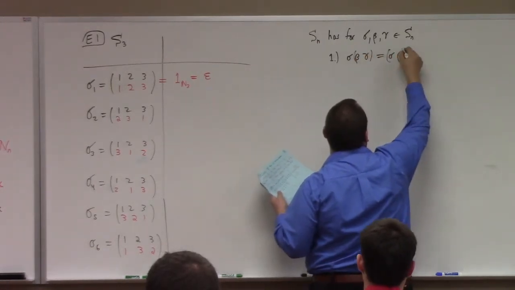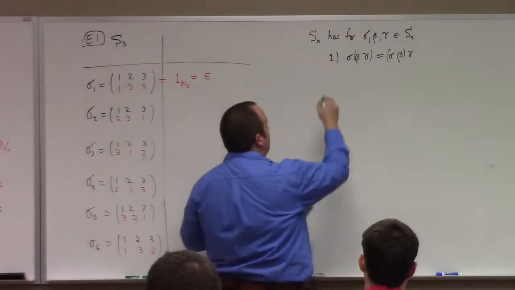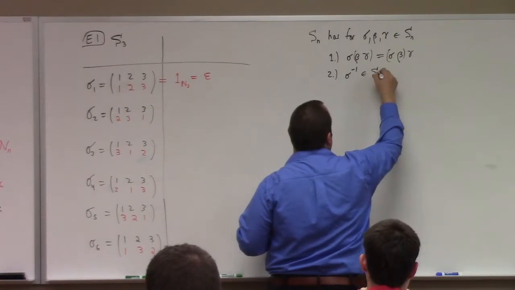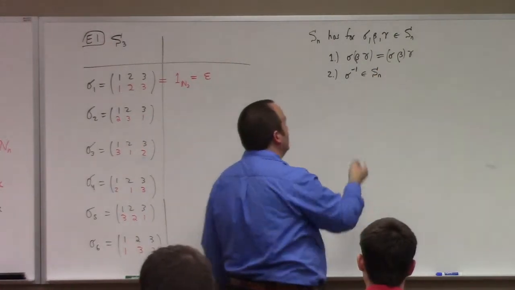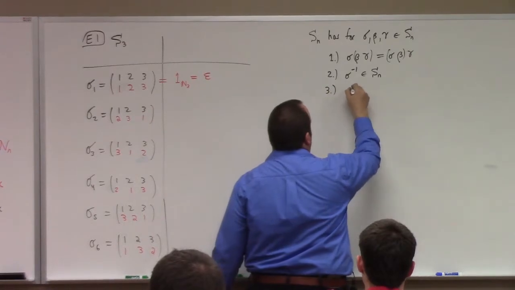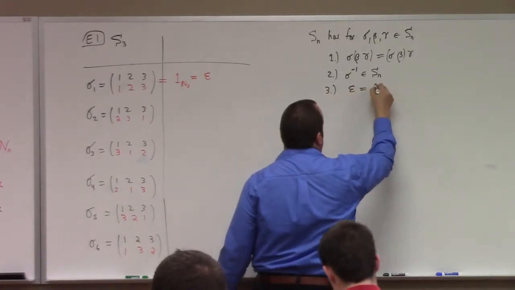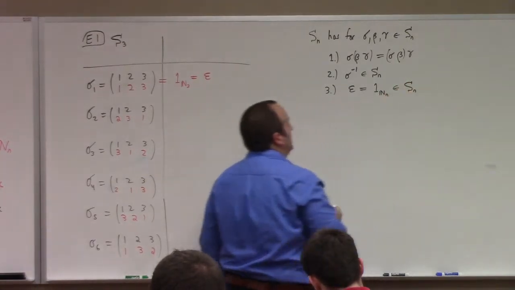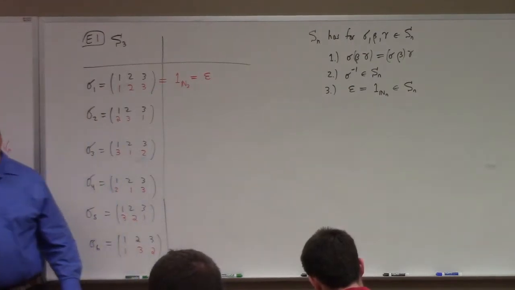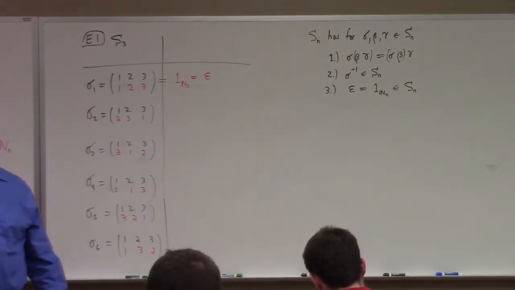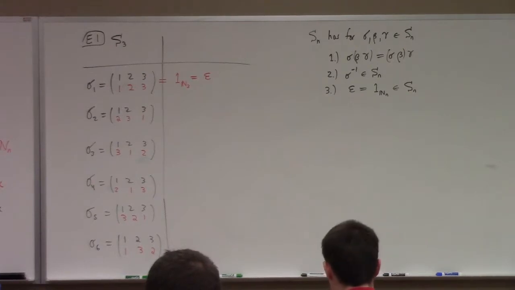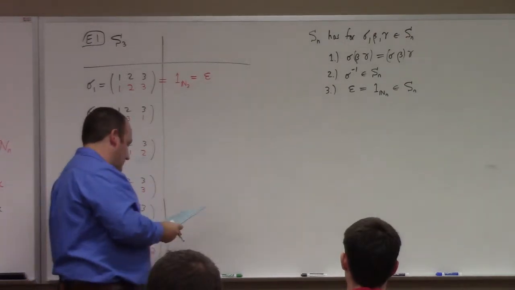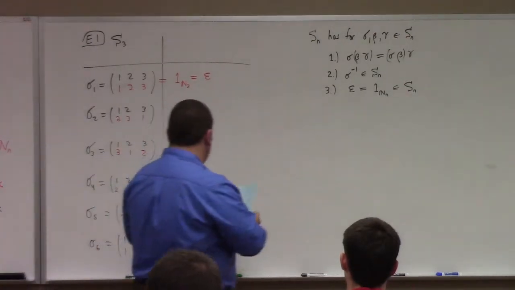Here I'm talking about associativity of composition, right? 2, sigma inverse is in Sn as well because the inverse of a bijection is a bijection. 3, the identity, which is of course 1 on n sub n, is an element of Sn as well. So this means that Sn forms a group because it's associative, every element has an inverse, and it has an identity. Not that we know what a group is, but I'm just saying. It's a good example. Let's do a calculation here.